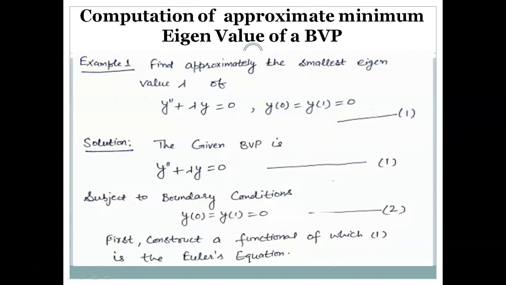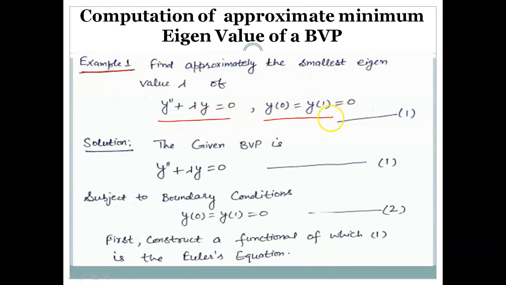Now we are going to compute the minimum approximate eigenvalue of a given boundary value problem. For this, we discuss this illustrative example. Find approximately the smallest eigenvalue lambda of this boundary value problem whose boundary conditions are given.